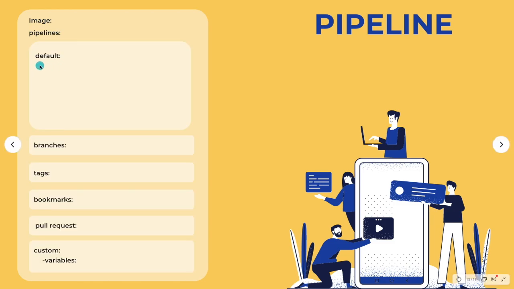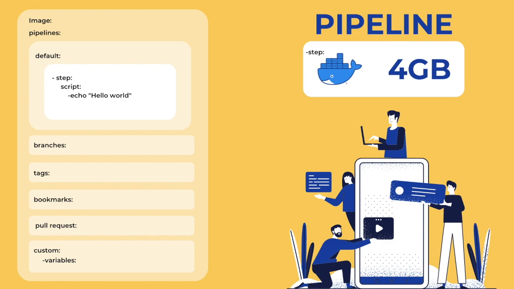The default pipeline runs on every push to the repository. Branches are for particular branches and tags are for particular tags and so on. And each of these strategies consist of steps. Each step runs on a separate Docker image, and by default they have 4 GB memory, and yes, you can configure it if required.